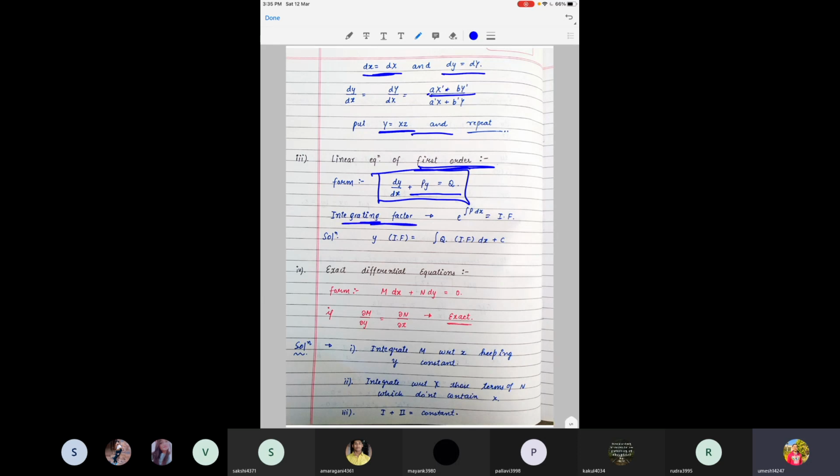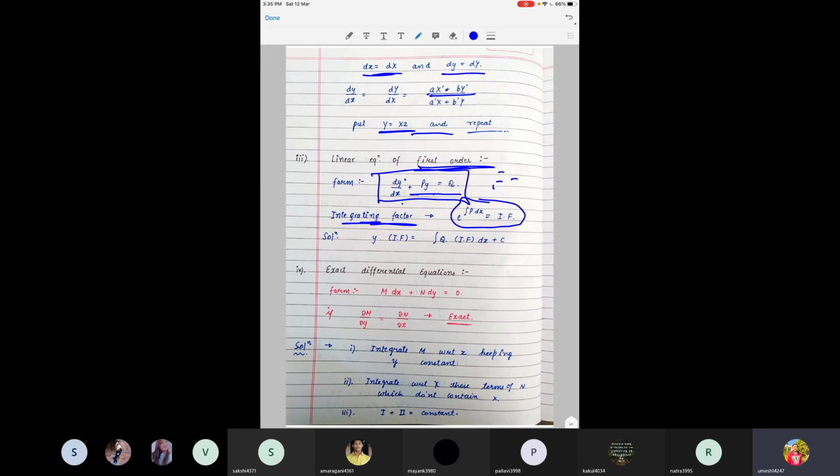Okay, so in this type, the solution of such type of equation involves a term called integrating factor. ठीक है, and that we know is calculated by e to the power integration of p dx, and this is called the integrating factor. Okay, so the equation was dy by dx plus py is equals to q, और हम इसका solution find करते हैं by integrating factor.